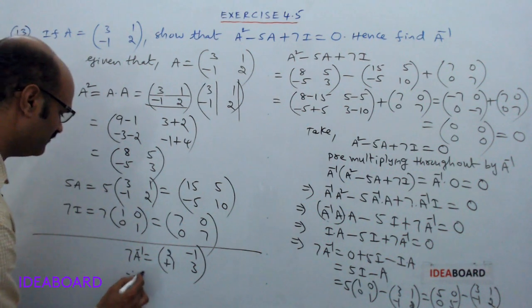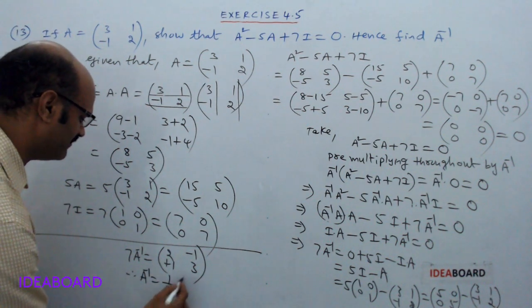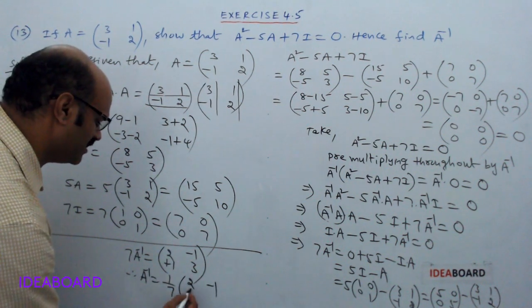Therefore A inverse equal to 1 by 7 into [2 -1; 1 3].